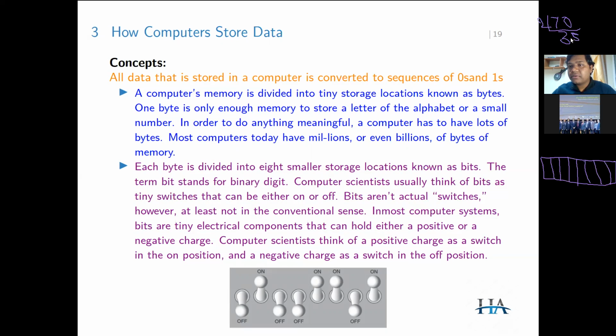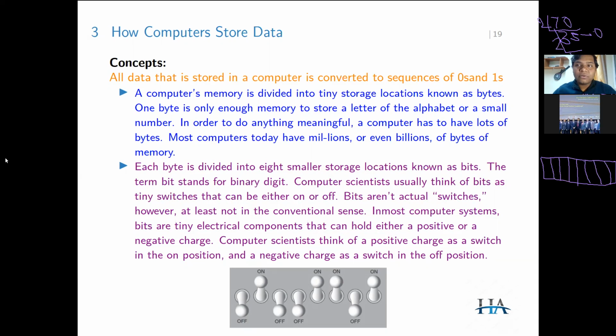Dividing by 2 repeatedly: 35, then 17, then 8, then 4, then 2, then 1, taking the remainders each time. So it will be 1 0 0 0 1 1 0.